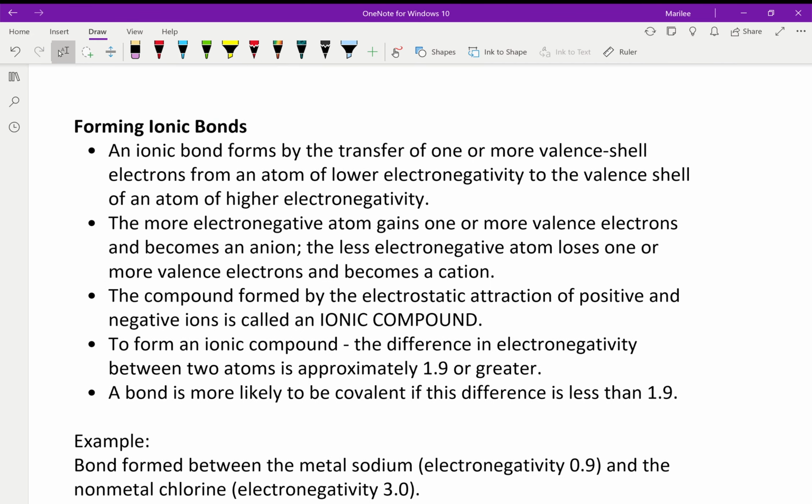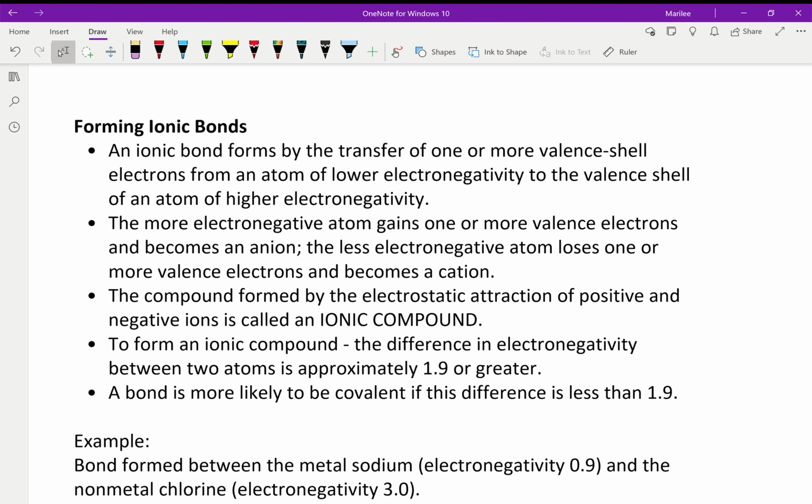Forming ionic bonds. An ionic bond forms by the transfer of one or more valence shell electrons from an atom of lower electronegativity to the valence shell of an atom of higher electronegativity, right? The more electronegative atom gains one or more valence electrons and becomes an anion, and if the atom is less electronegative, then it loses one or more valence electrons and becomes a cation.